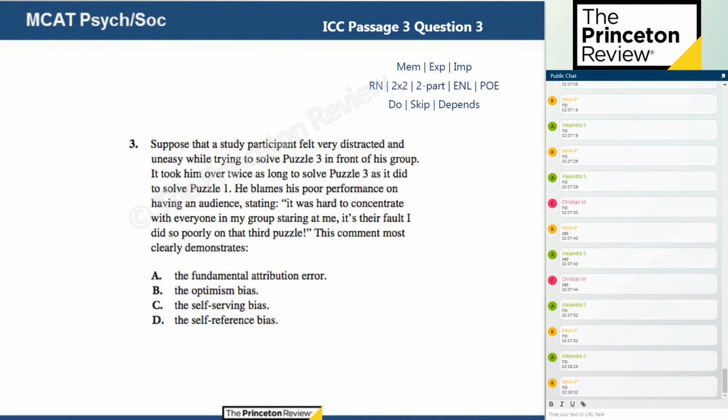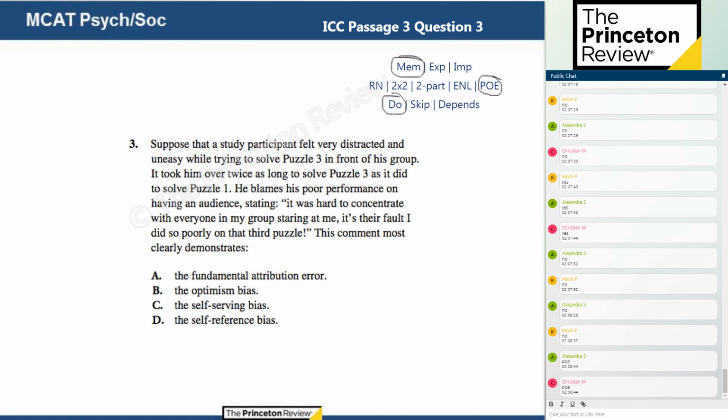We need to know what these 4 answer choices are about. And our strategy again is, yeah, process of elimination. So we go ahead and do it.